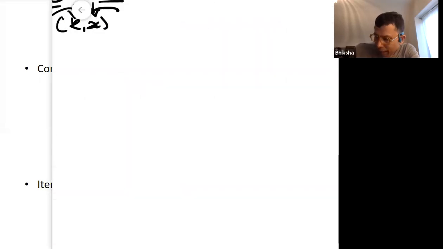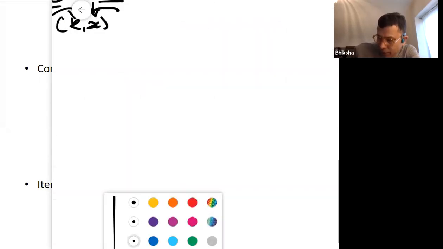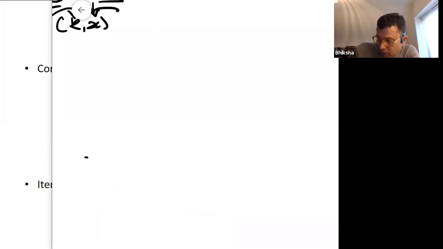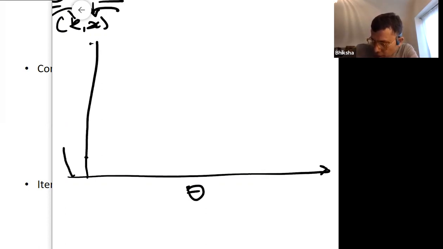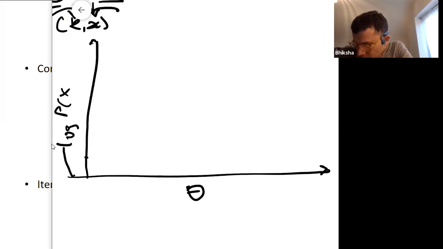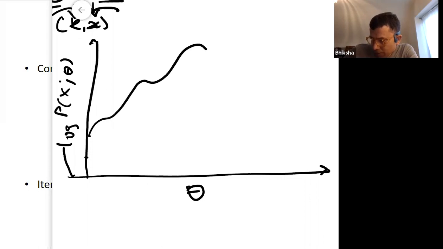So here's how expectation maximization works. Now, we have a maximum likelihood estimation problem. You're trying to estimate the parameter theta. You have the log of p of x semicolon theta, your log likelihood of your data. And so the log likelihood of the data as a function of theta is going to be something ugly like this.